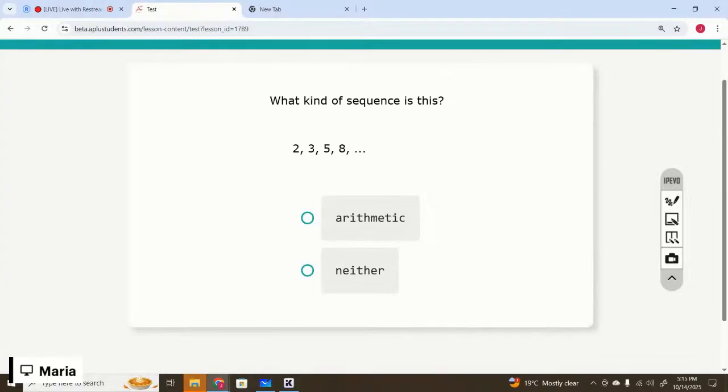What kind of sequence is this? 2, 3, 5, and 8. Neither it is.